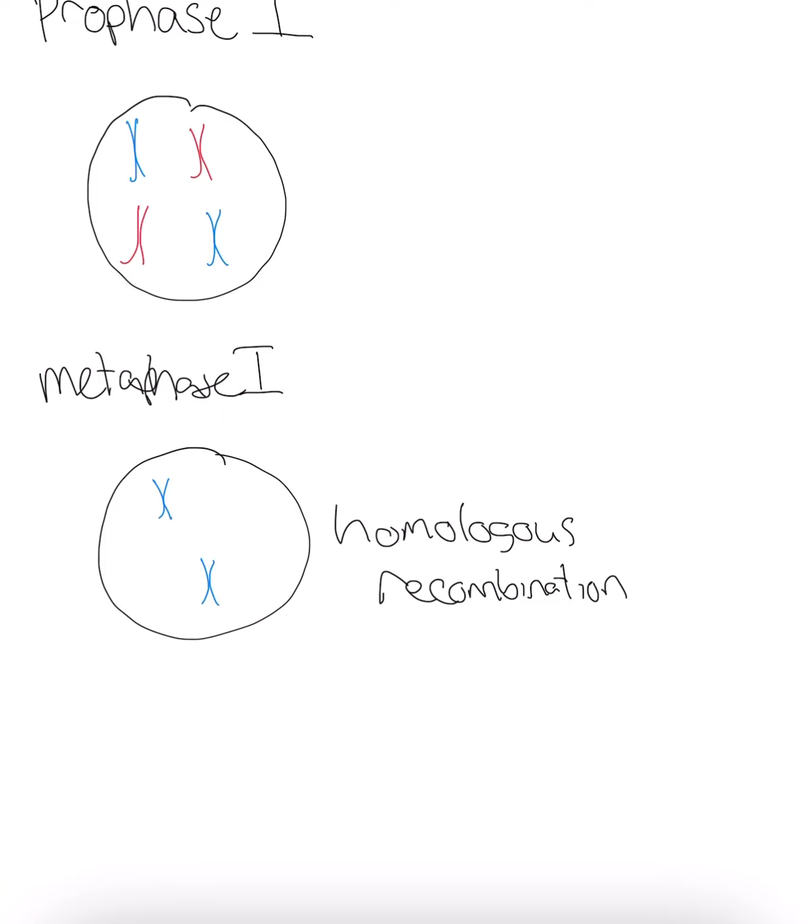So we have those ones there, and these ones here. They get together and cross over. They exchange genetic information.